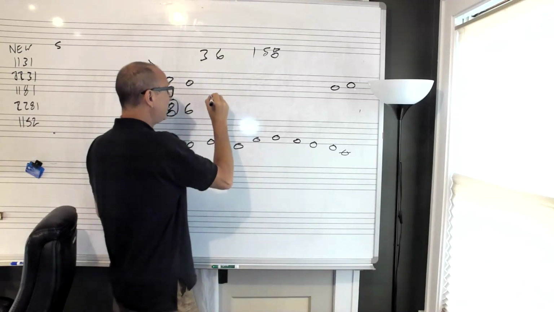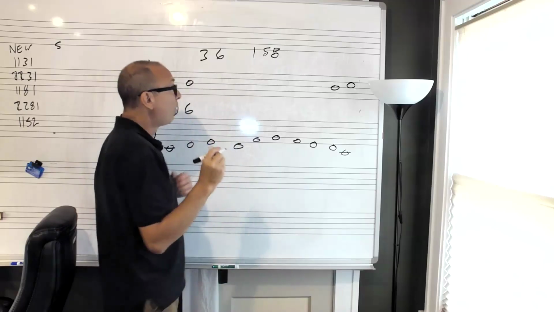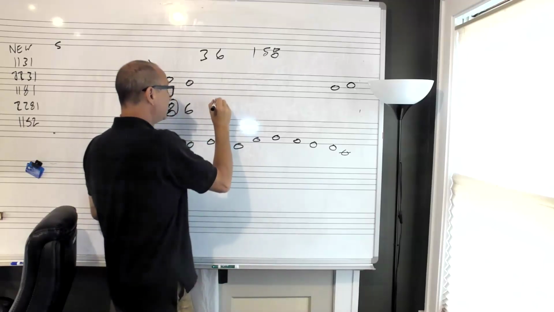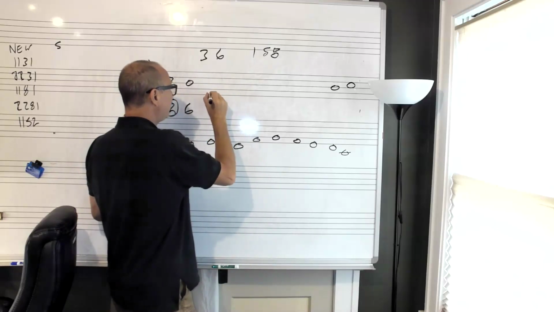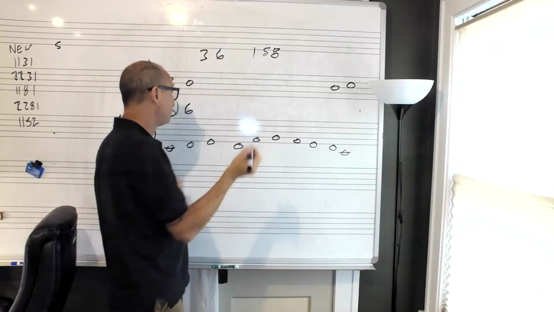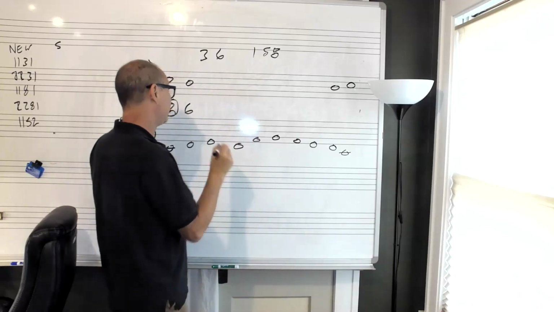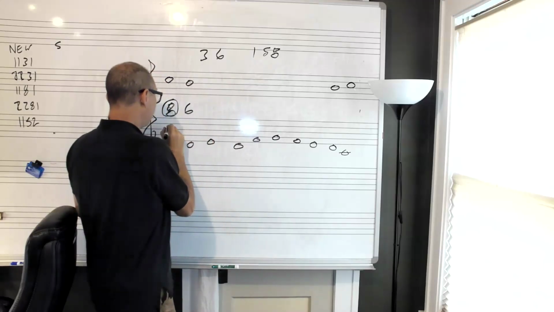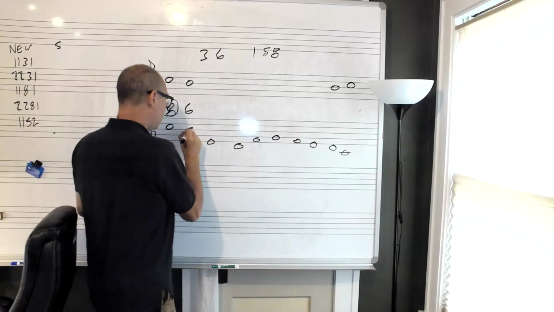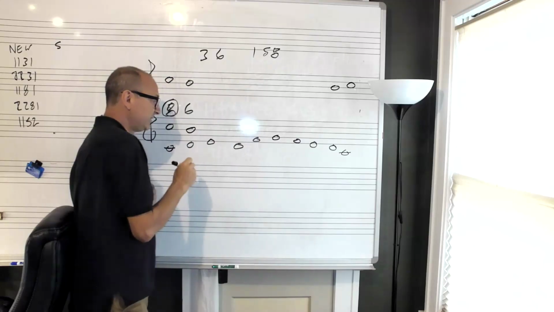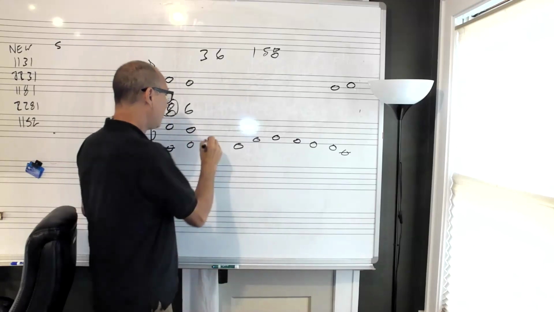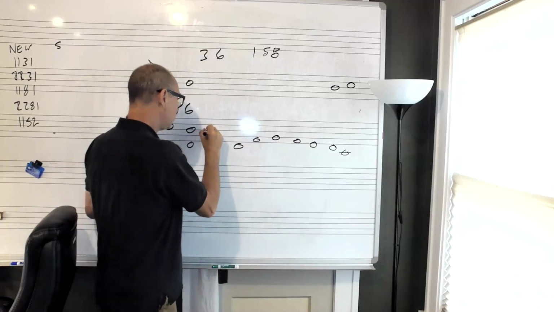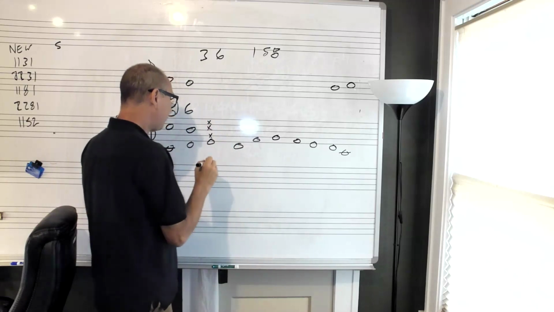So what I'm going to do is mark down what is possible. Okay? You could also mark down what's not possible. That's another way to do it. I'm going to write it here so it's easier to see. Okay? So a third, a sixth, an octave above the cantus.